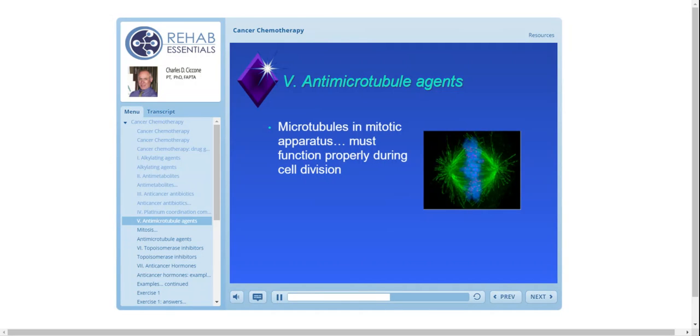You can see it on this diagram here. So some drugs that we're talking about in this group affect the microtubule and impair the cell division. And they do this in several different ways. Sometimes by inhibiting the microtubular formation, or by affecting the rate of formation of this process. We'll see that in a little bit more detail in the next slide.